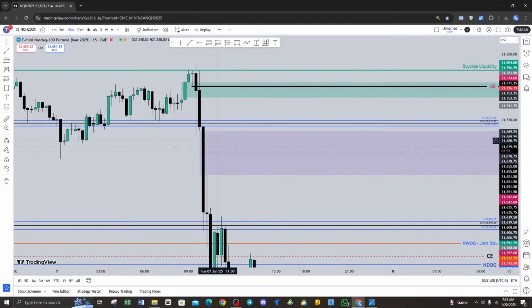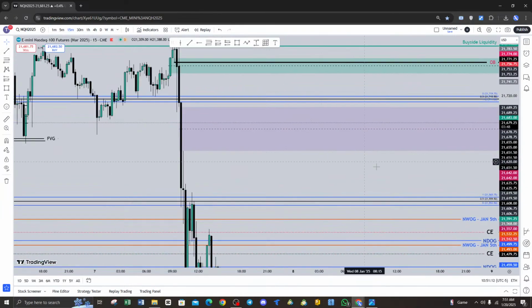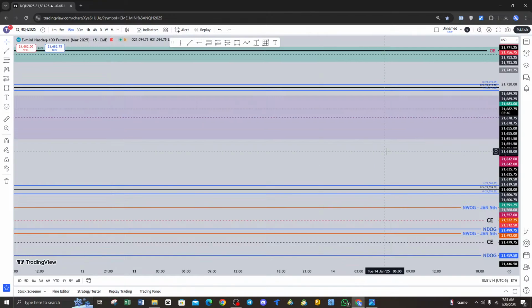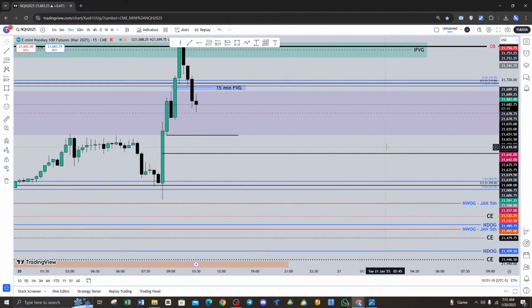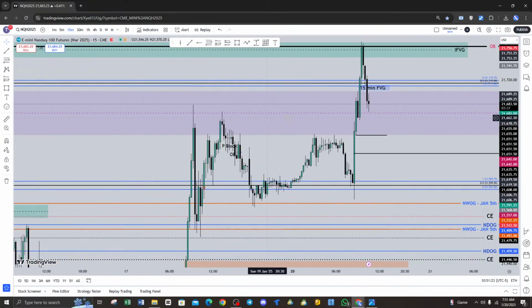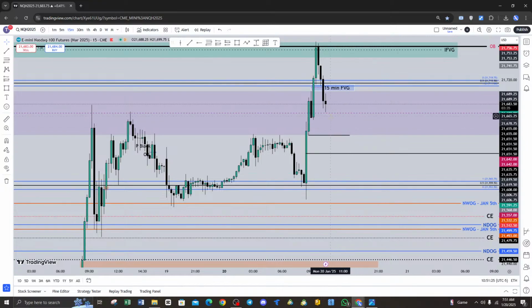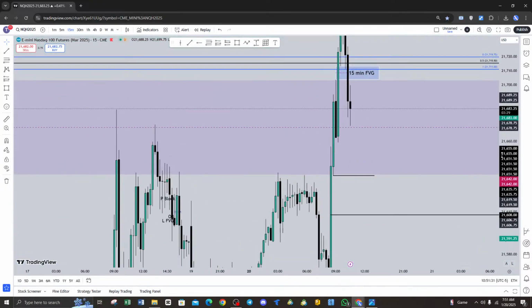This is the last fair value gap of this 15 minutes run. So this is working as an inversion fair value gap now. So let's see if the market can close below the 50% of this inversion fair value gap, then we will be looking for sell until this line. Okay, until this line, then we can see.